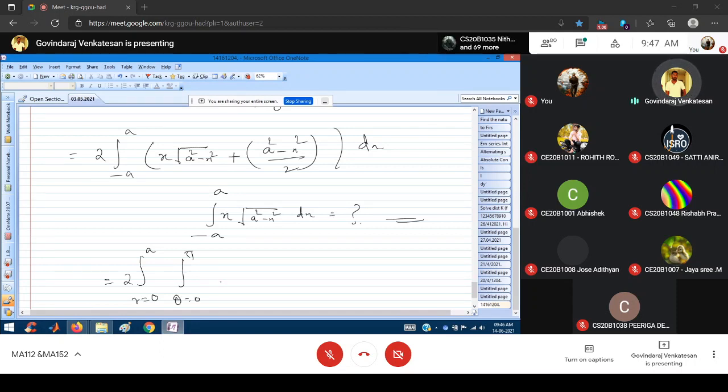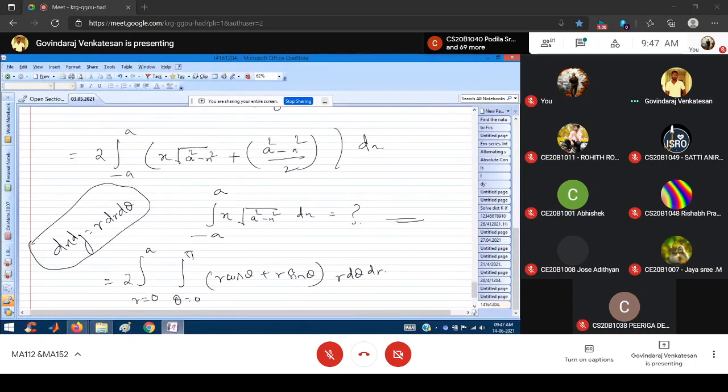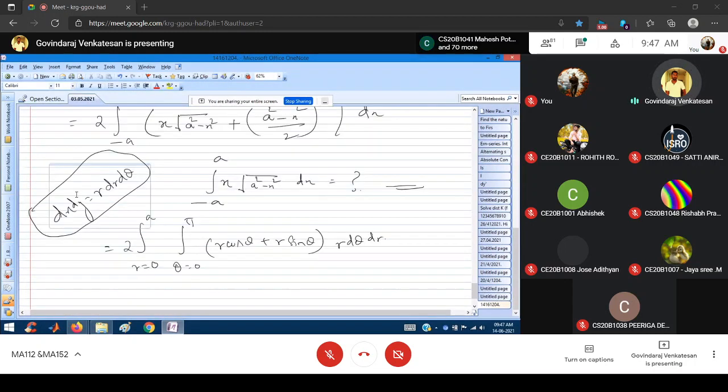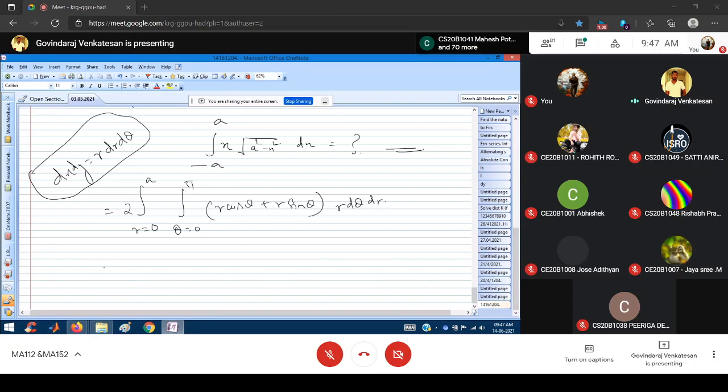So x plus y is nothing but r cos theta plus r sin theta. dx dy is nothing but r d theta dr. So dx into dy, converting the Cartesian coordinates into polar coordinates, that is r dr d theta. Okay, so now you solve this integral. First you solve for theta and then you solve for r.